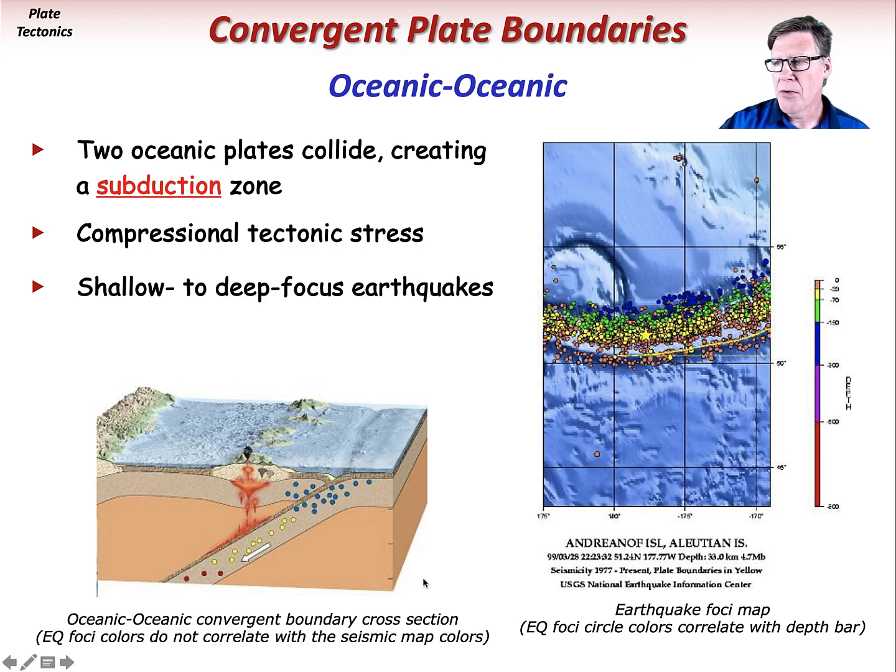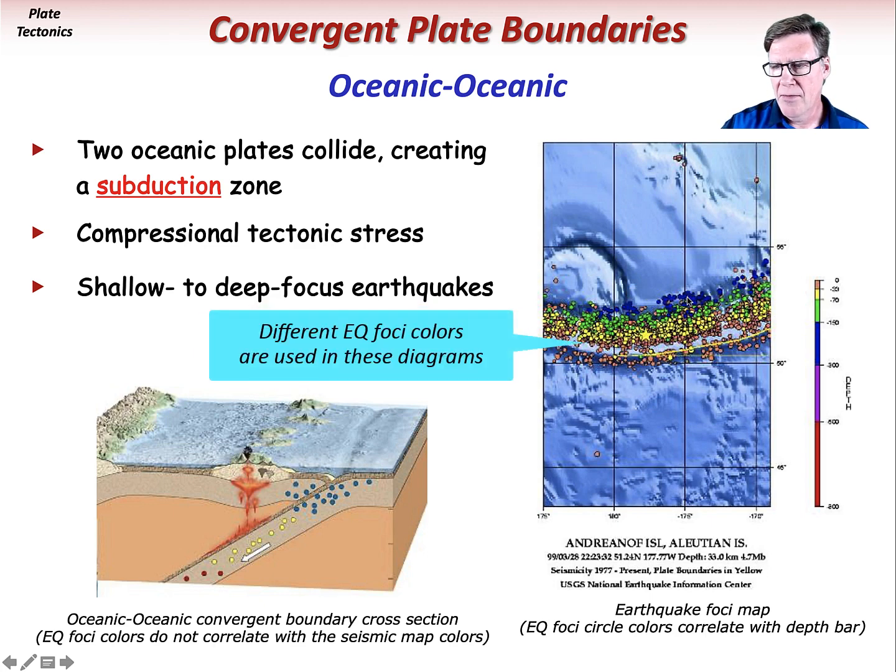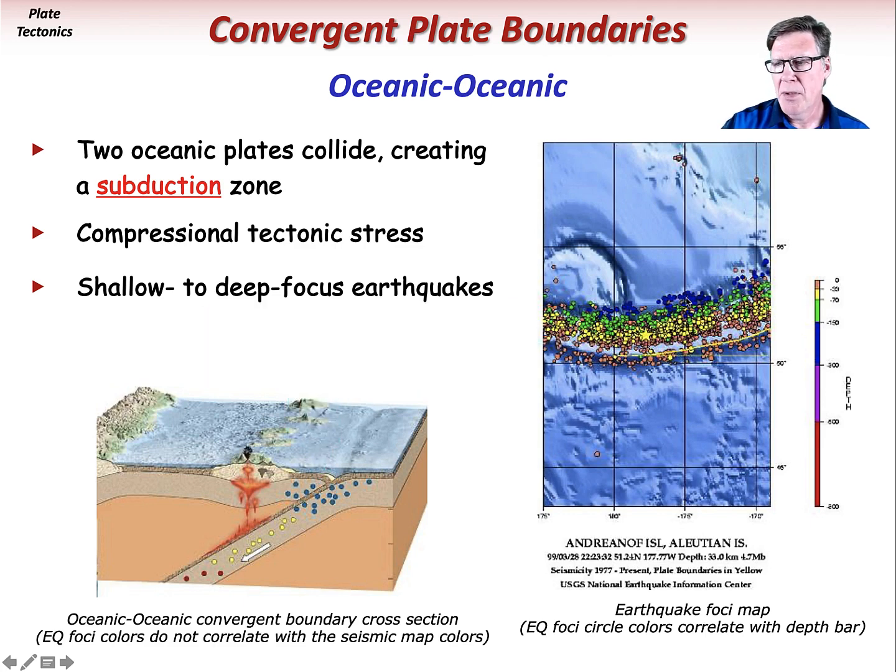This map here of earthquake data shows the progression from relatively shallow focus earthquakes to deeper focus earthquakes. And that signifies a subduction zone, which we show in this model here. Note that the colors of these earthquake foci are different than the ones here. They don't correlate here. But basically shallow focus to deep focus earthquakes.